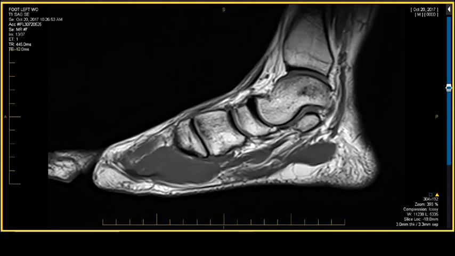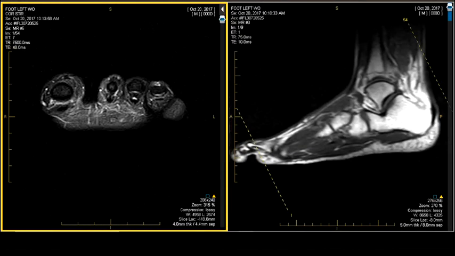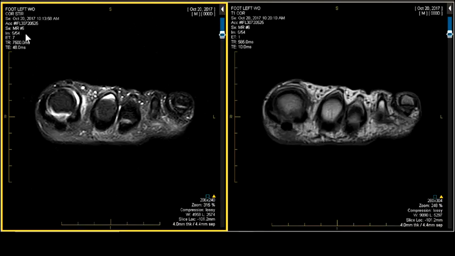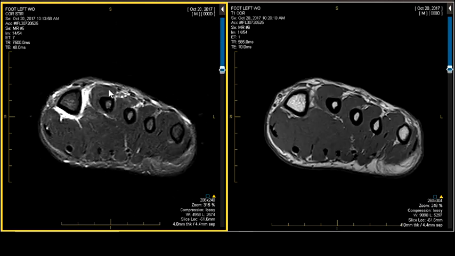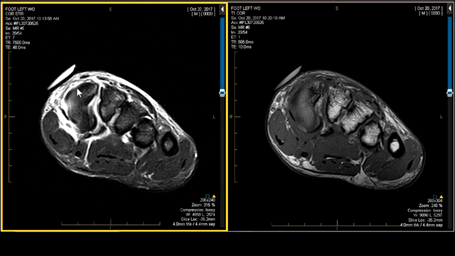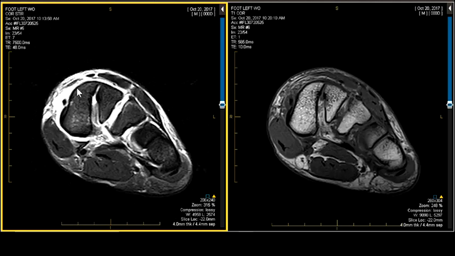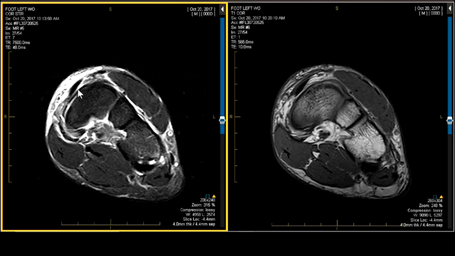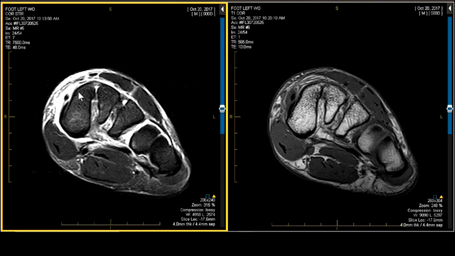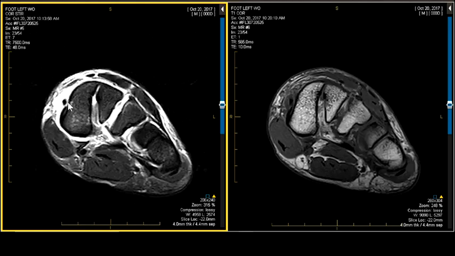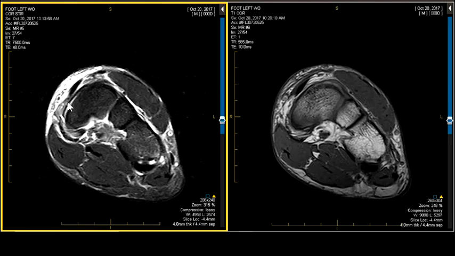Let's keep going, shall we? Let's go to the short axis views. We have a pretty exquisite, heavily fat-suppressed water-weighted image. Lots of swelling around the first. There's your tibialis anterior tendon inserting on the cuneiform.